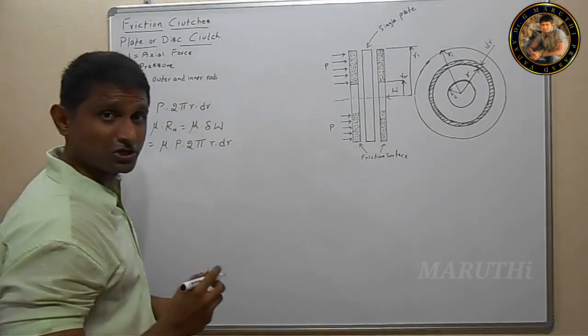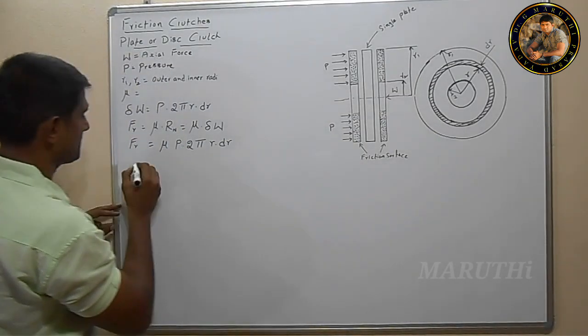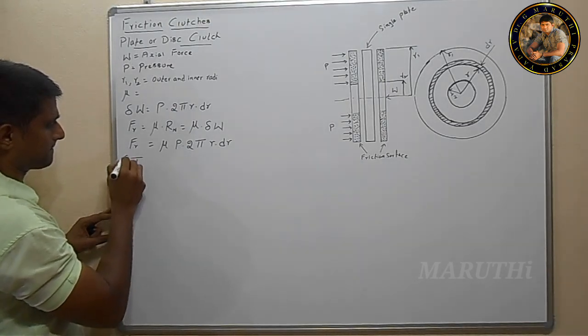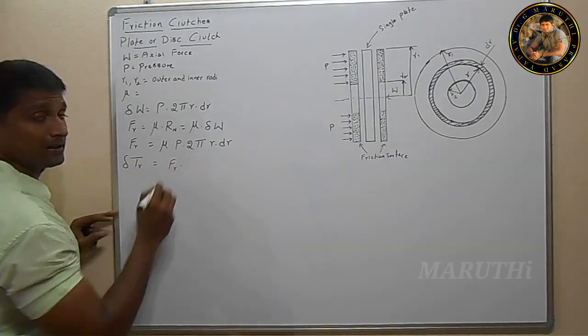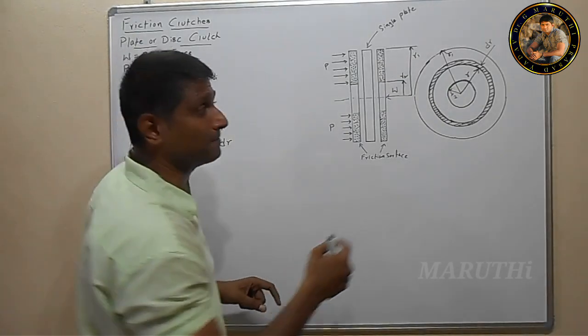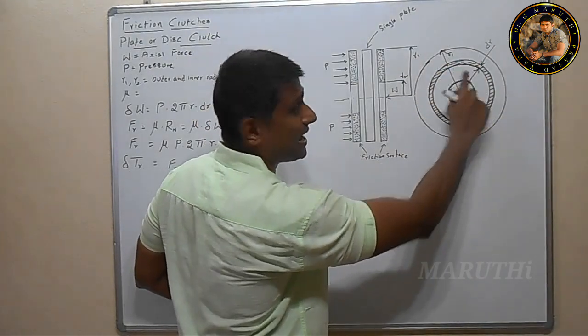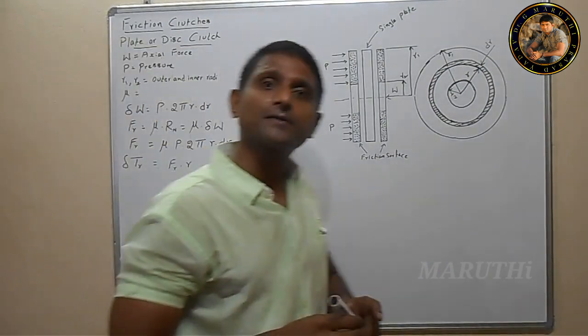The torque equals friction force into distance from center, and for this elementary ring the distance is r. Therefore, into r. So this is the torque.